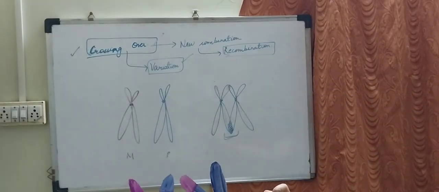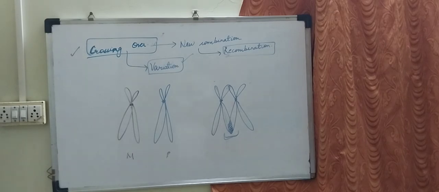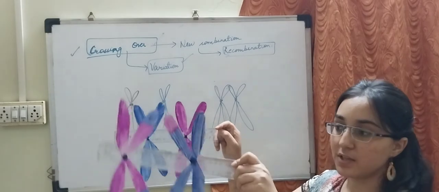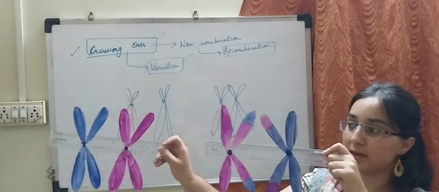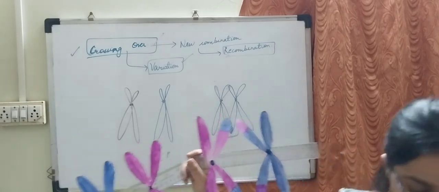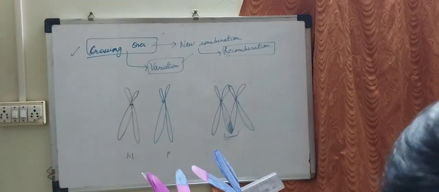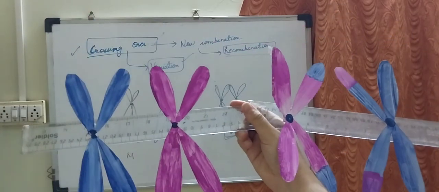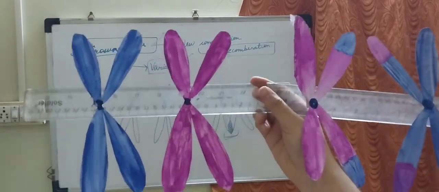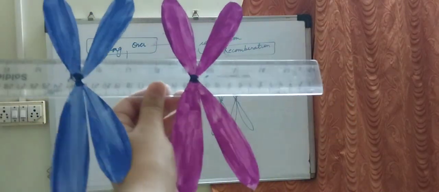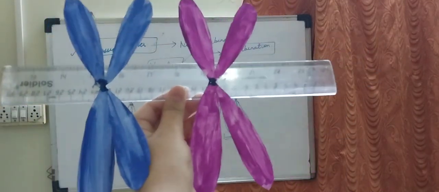Okay, so I spoke about chromatids and all. So I will just show you once again this crossing over concept, so that it will be clearly understandable to you. Okay, I will come forward and show you this. So if you can see this, see these chromosomes.